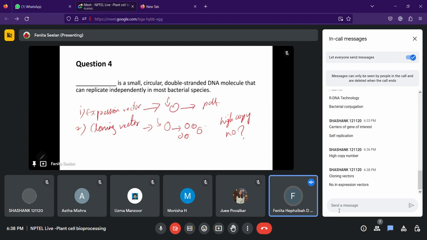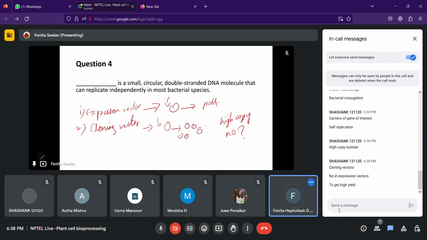Yes, in the expression vector, because you need to express that particular gene of interest in more quantity. You are absolutely right. To get higher yield, if your objective is expression of that particular transgene, you have to select a vector or plasmid which has high copy numbers.